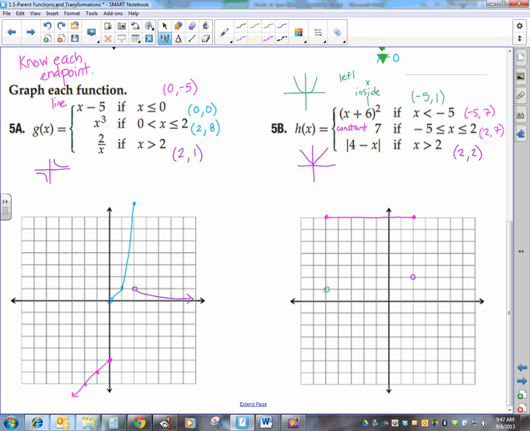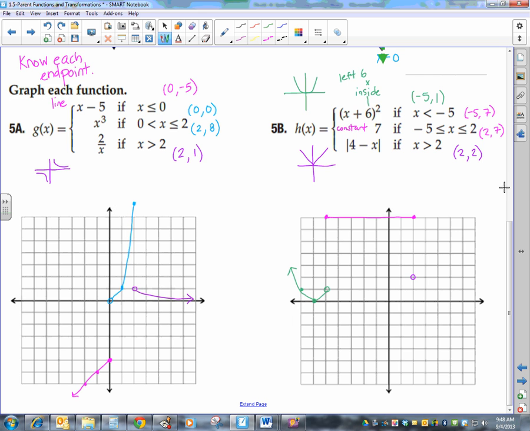So it's been shifted left 6 units. So this (0, 0) point is over to the left 6 units. That puts it right here. And then we know from our graph it's up 1, over 1 in both directions. And so that should be enough for me to try to draw a parabola. Okay, there's supposed to be my parabola.